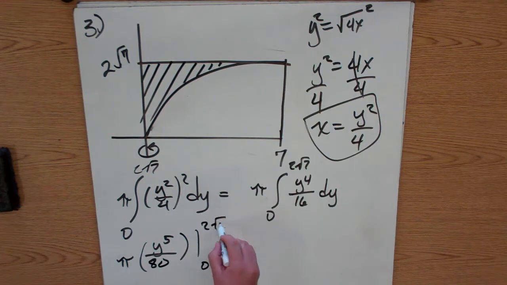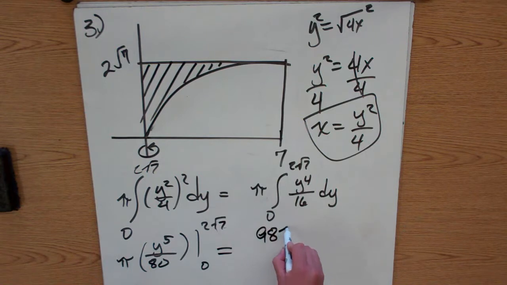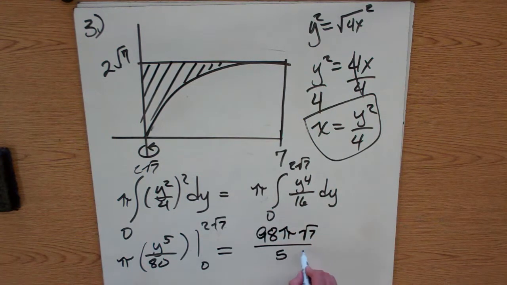Alright, of course when you plug in the 0, you're not going to get anything. So you plug in the square root of 7, and you should get 98 pi times the square root of 7 over 5, or your decimal would be 162.913.